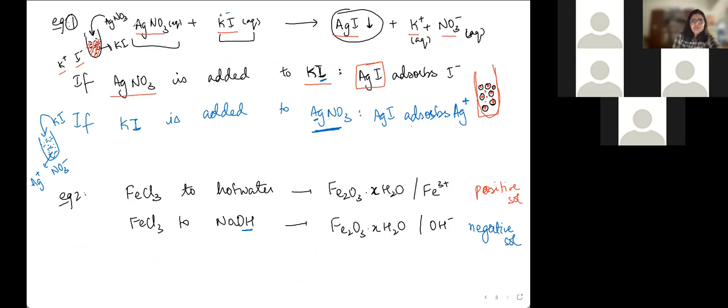I'll continue with the silver nitrate KI example only, because you have a lot of things to play around with. So you have an AgI clump particle. This is the precipitate that's formed. It attracts I minus ions, let's say.